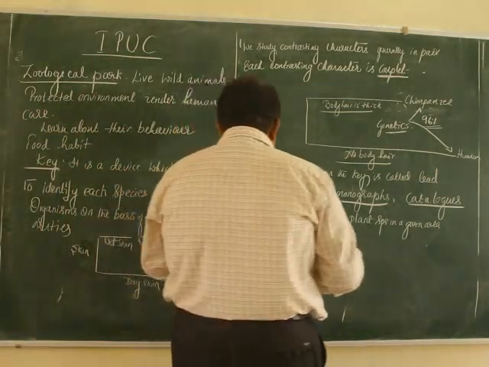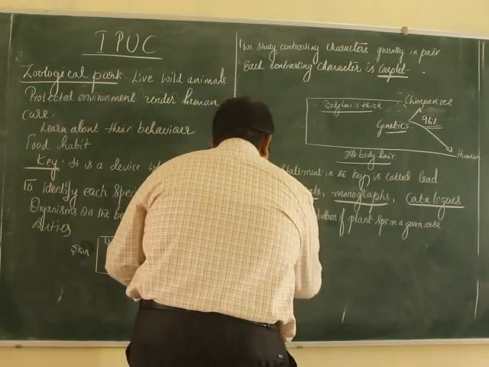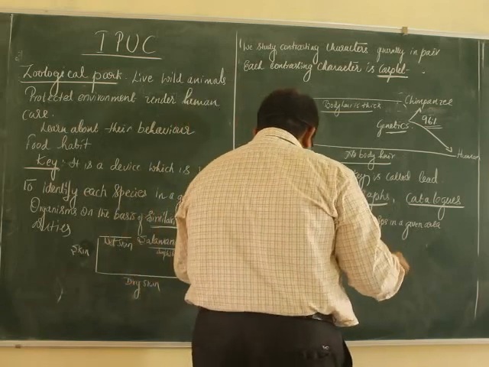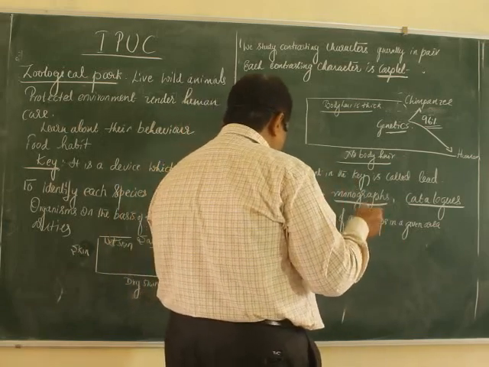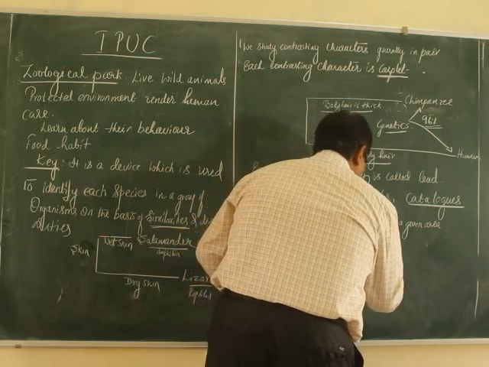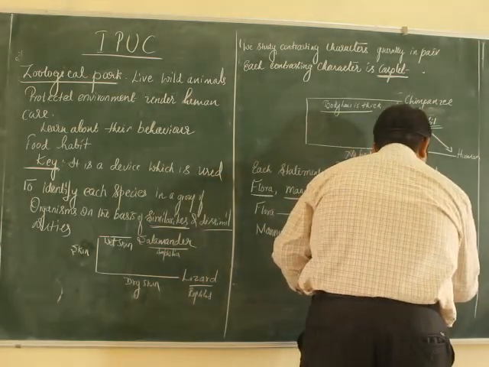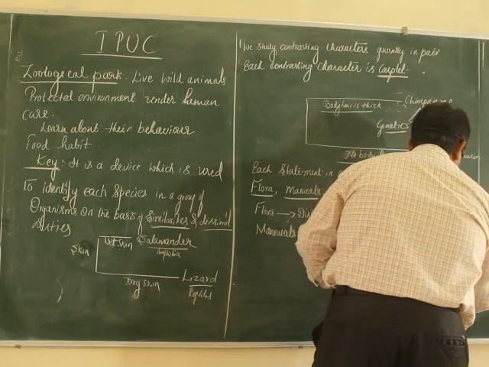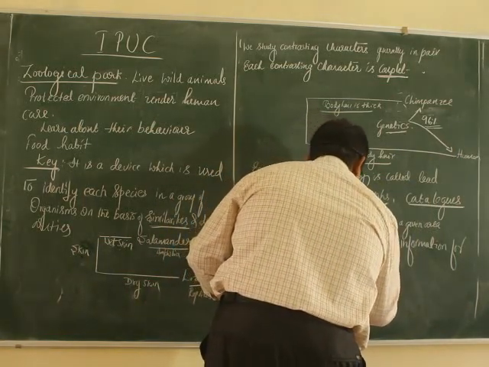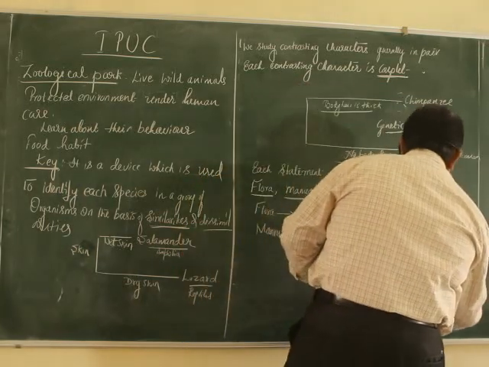Then what are manuals? Manuals are records that contain information for identification of species found in an area.